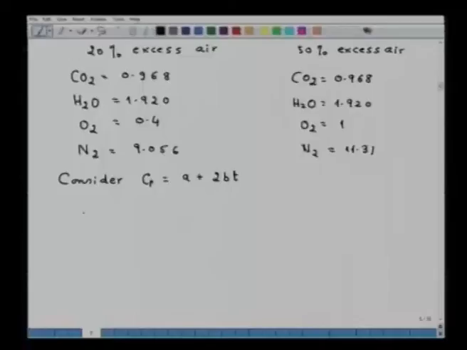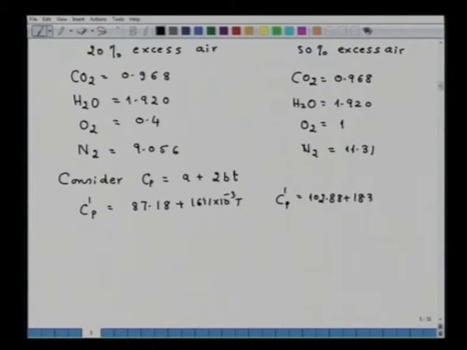So in this case, C dash P is equal to 87.18 plus 16.11 into 10 to the power minus 3 t, and for 50% excess air, I will get C dash P equal to 102.88 plus 18.37 into 10 to the power minus 3 T. So, those are the values.